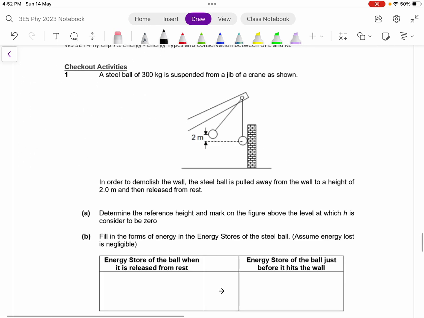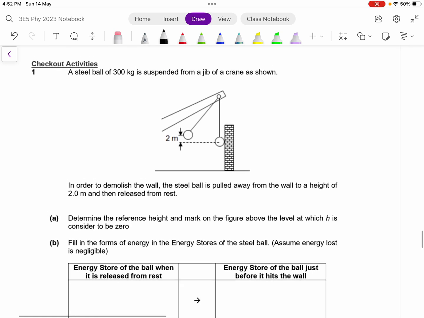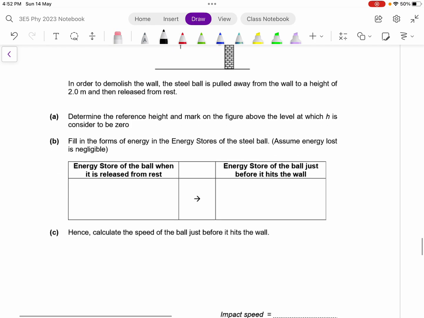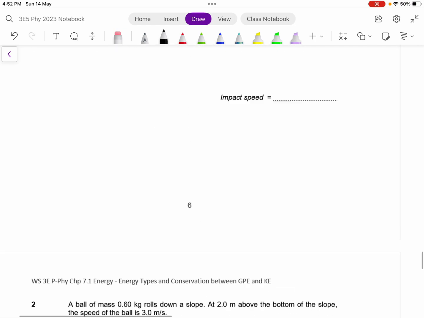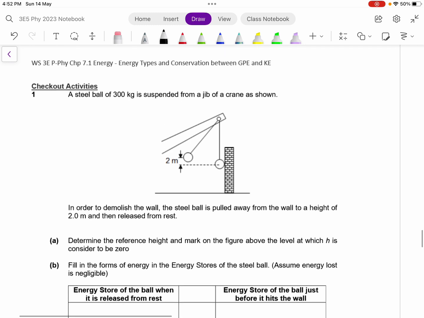We have some checkout activity. What I want you to do is pause the video and try this question. I can give you some hints, and then there will be a part 2 video where I go through this question.